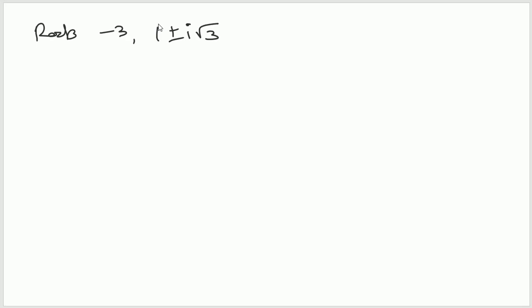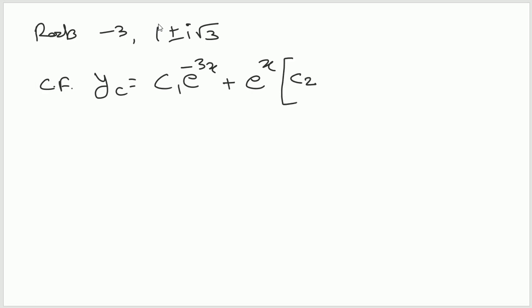Therefore the complementary function, that is yc, is equal to c1 e raised to minus 3x plus, for complex roots, e raised to x, because here we have 1, so e raised to 1x, into bracket c2 cos root 3x plus c3 sin root 3x.